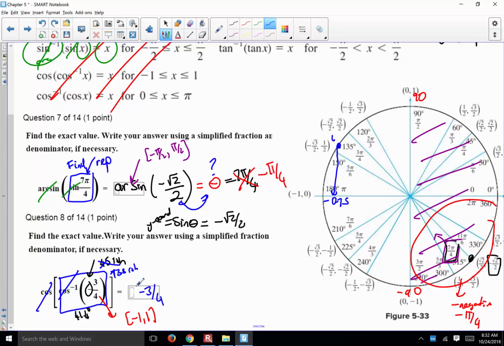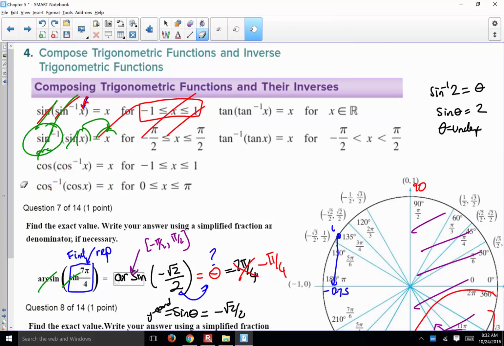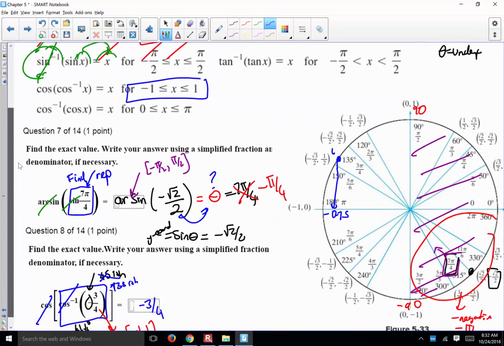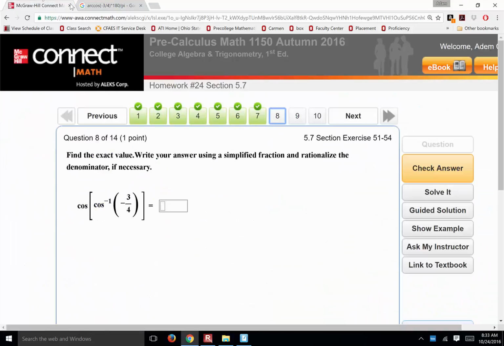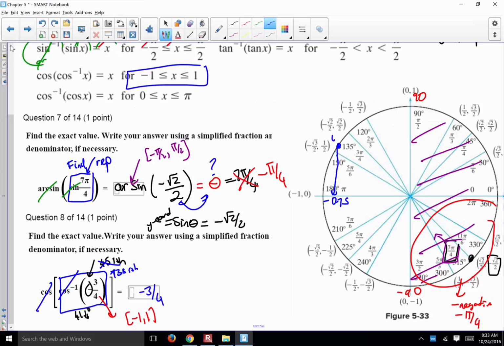So that's it. Only this cancellation works if the number inside the cosine inverse is between -1 and 1. If it is 2 or 5 or -5, we say undefined. Okay? This thing is -3/4.